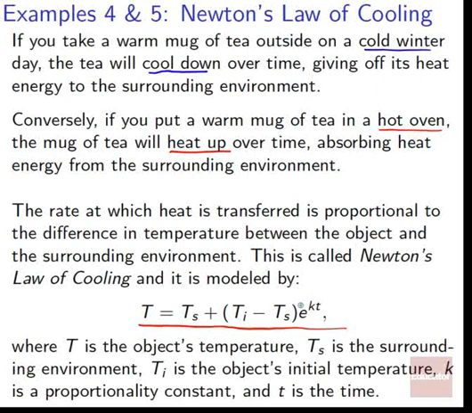The k will always be a negative number in these problems, because the environment is going to cause this part to eventually drop down to 0, until eventually the object becomes the surrounding environment. It'll make more sense as we see some examples, so let's get started.